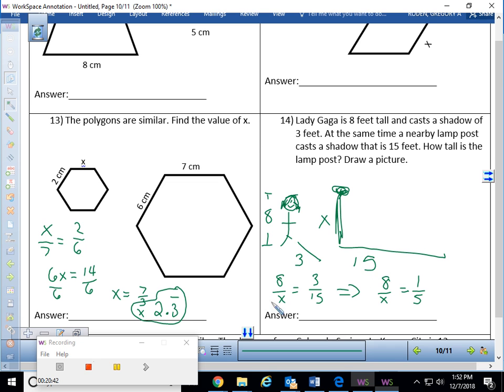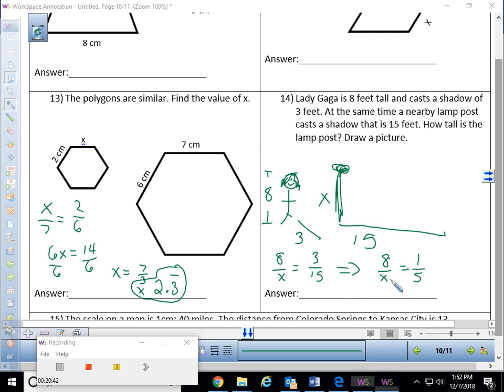Now, what I did is I reduced this 3/15 to 1/5, because 3 goes into itself 1 time, and 3 goes into 15 5 times. Now all I'm going to do is just cross multiply. So 1 times x is x, and 8 times 5 is 40. And I'm done.